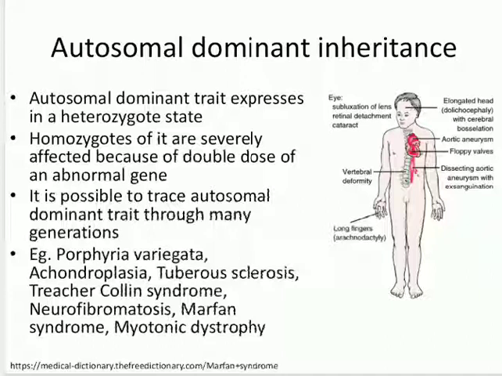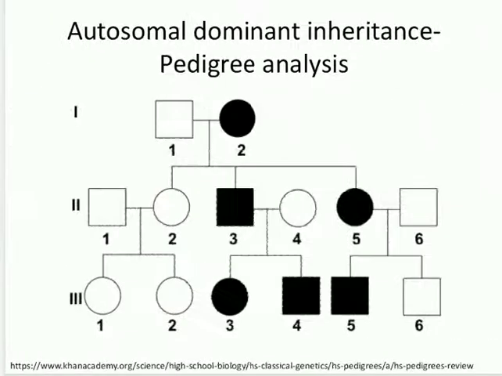Achondroplasia, 80% of patients are having new mutation. Tuberous sclerosis, 80%. Treacher-Collins syndrome, 60%. Neurofibromatosis, 40%. Marfan syndrome, 30%. And myotonic dystrophy, 25% of patients are having new mutation. So that is one reason.